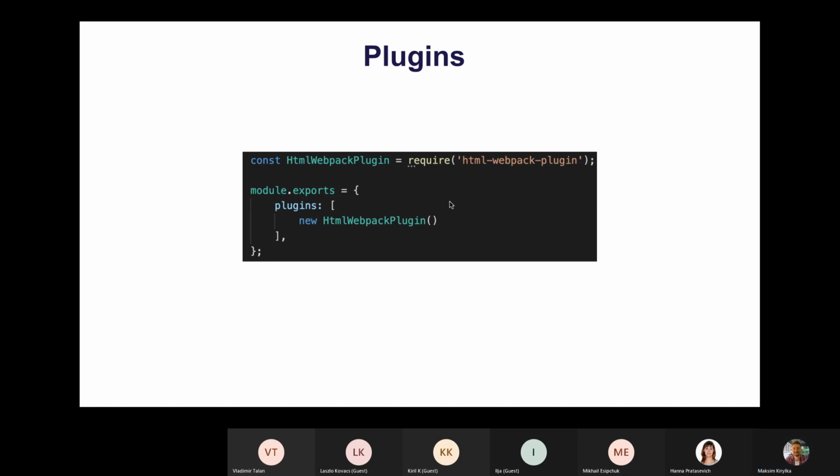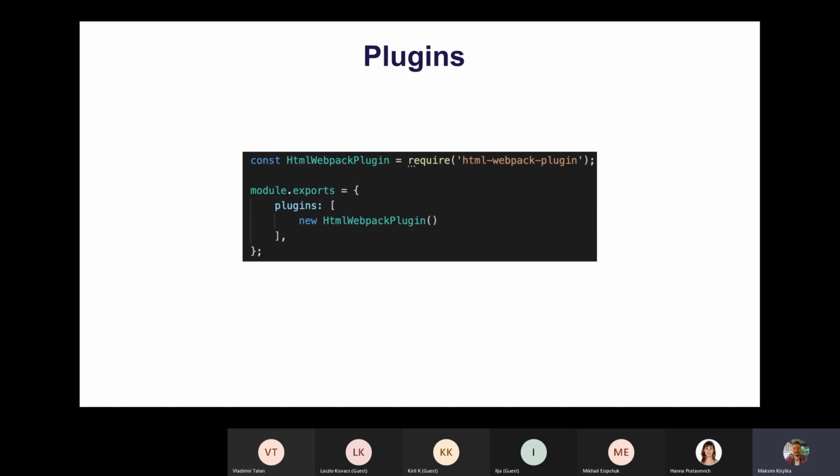Plugins. While loaders are used to transform certain types of modules, plugins can be used to perform a wider range of tasks like bundle optimization, asset management, creation of HTML file, and for example, injection of environment variables.